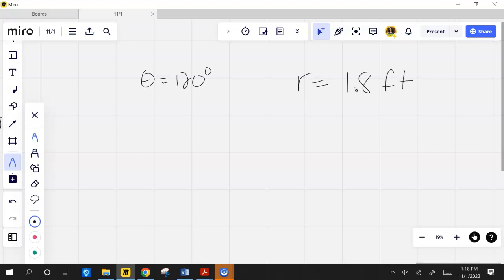What is the arc length, the intercepted arc?